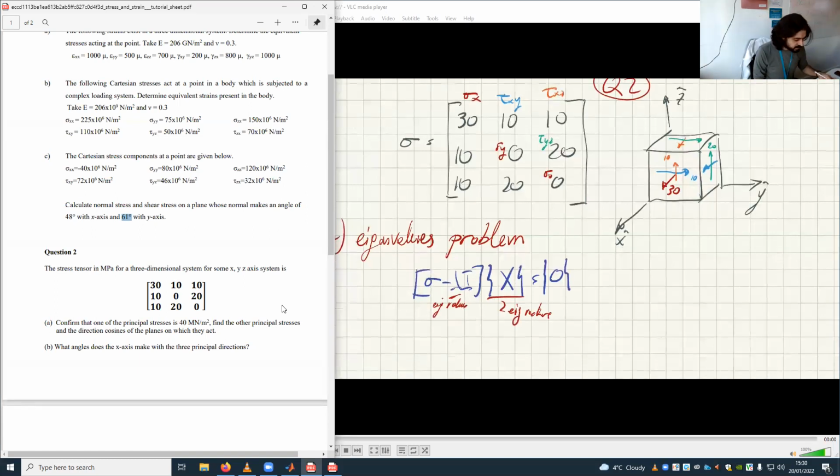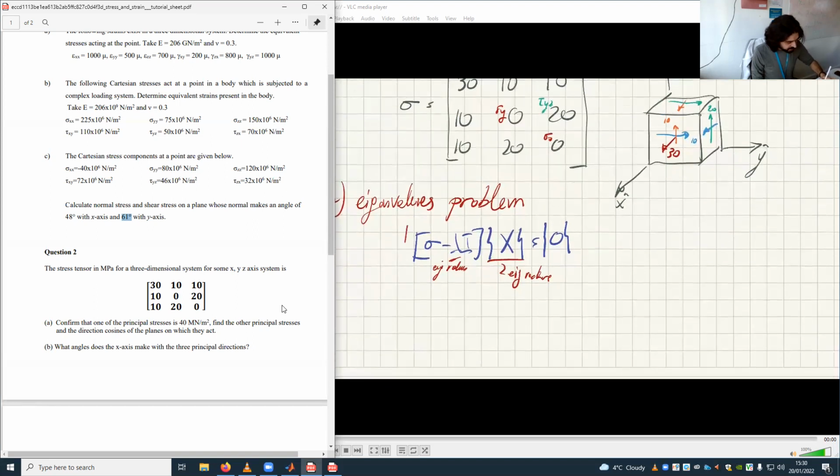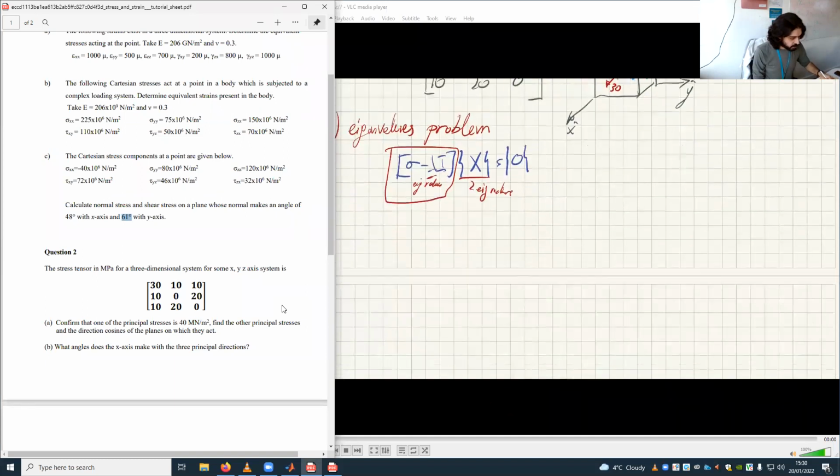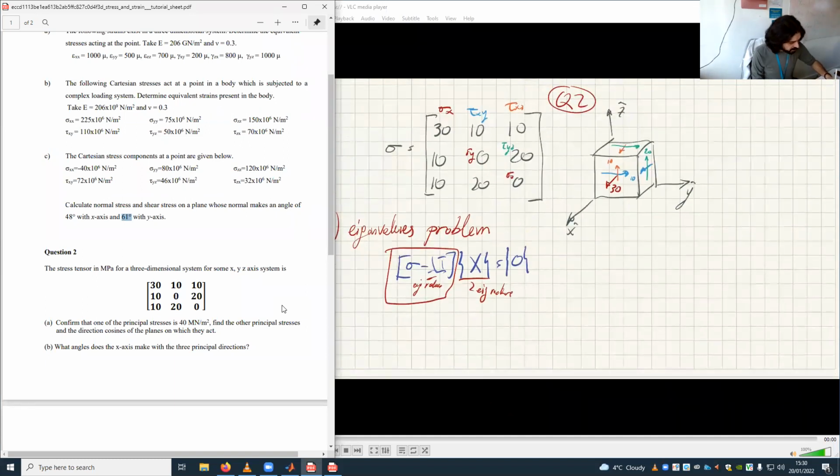So first of all, let's calculate this matrix here. It's sigma, which is this matrix here, minus lambda on the diagonal. So let's draw this one. Let me copy this one.